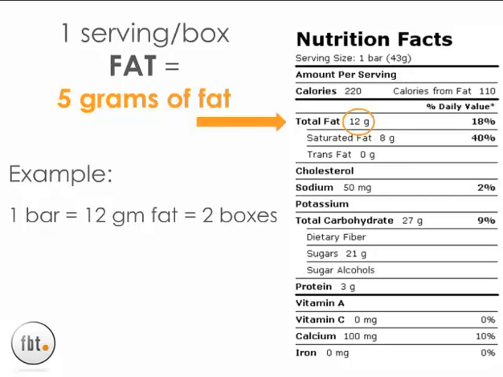Looking at the total fat on the food label, I see that there's 12 grams of fat. 5 goes into 12 2 times. So if I eat the 1 Kit Kat bar, that's going to count as 12 grams of fat, which I'm going to count as 2 boxes of fat. Again, if it were an extra 3 grams, then I would probably count that as half. So then it could be 2.5 boxes of fat. But since it's just 2, we'll just leave it as the 2 boxes.